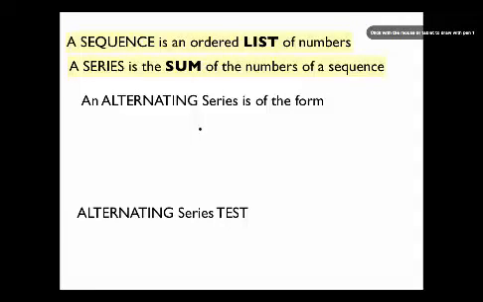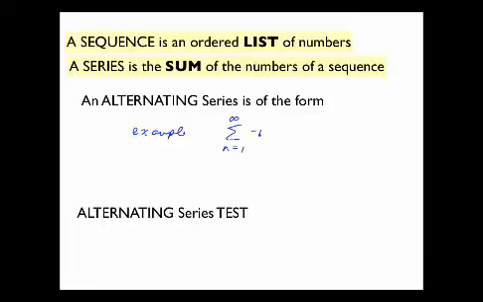What about this? What do we call this? This is the alternating what kind of series? The alternating harmonic series, because it's the harmonic series 1 over n, but instead of adding all of them together, it alternates.